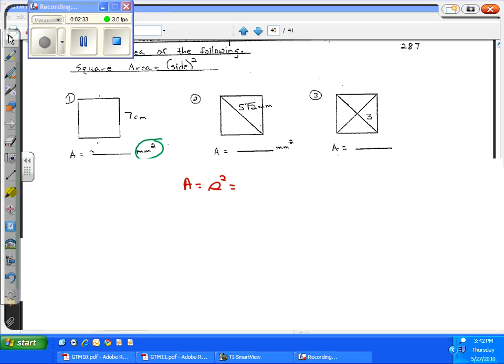So we're going to take the side, which we don't know, squared. So we need to find the side. Well, this is a square, so that's 90. A diagonal of a square bisects a pair of opposite angles because it's a rhombus, and so we get a 45, 45, 90 triangle. If we extract that triangle, then here's what we have.